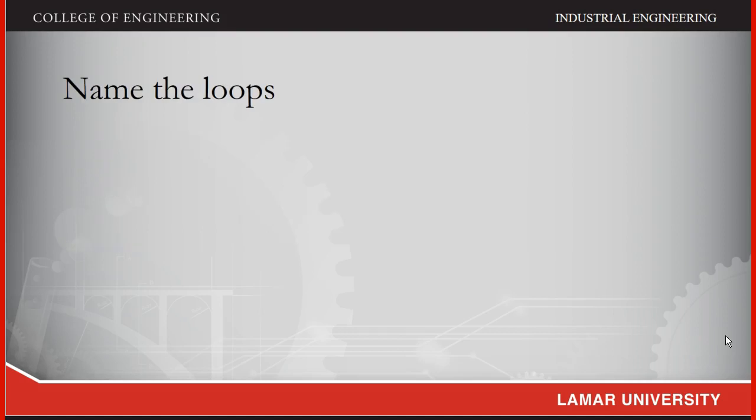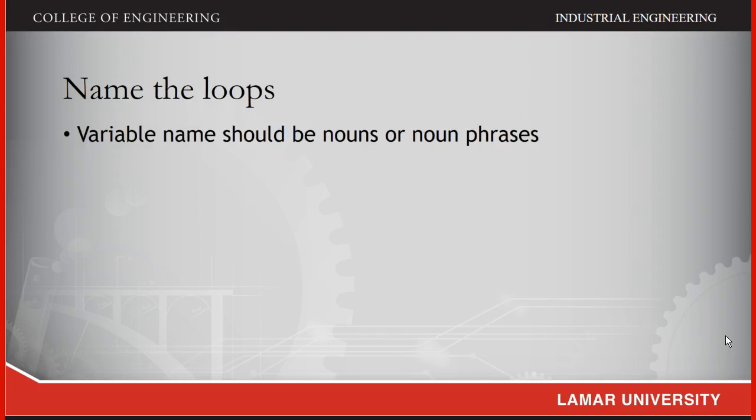Once we have the loops, we can actually name them, and the variable names should be nouns or phrases, not verbs. And usually what we like to do is to state it in a positive form.